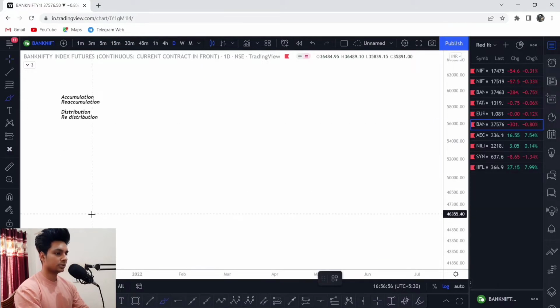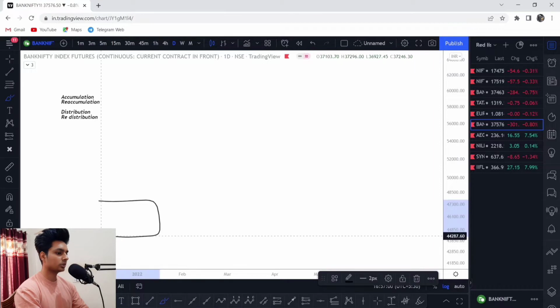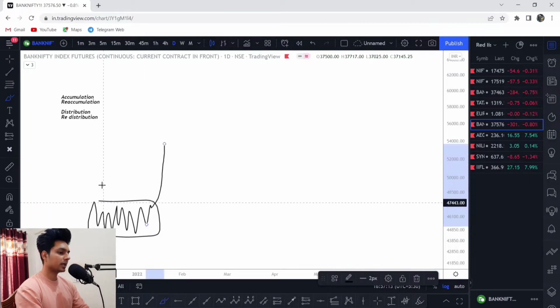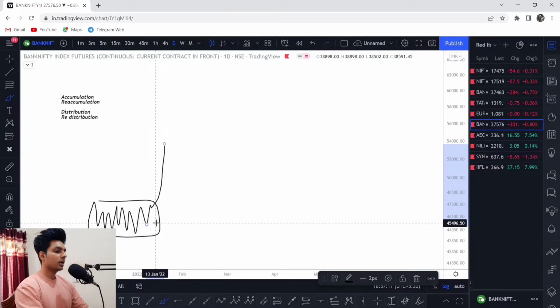So if we go on to the charts and identify a consolidation, that could be an accumulation right here. If the price is consolidating, you can identify this to be an accumulation or a distribution, and then the prices move higher. Now what's happening inside this range? The prices are getting accumulated, the orders are getting accumulated.